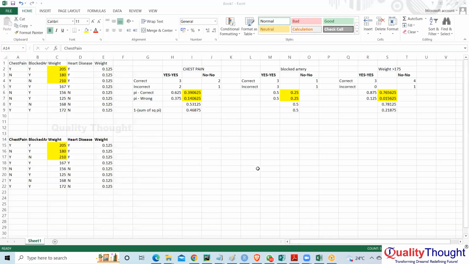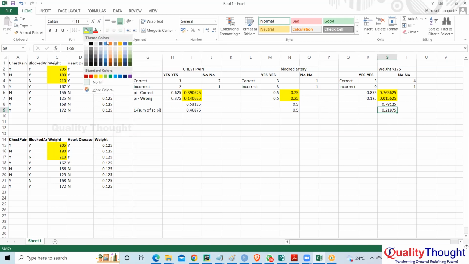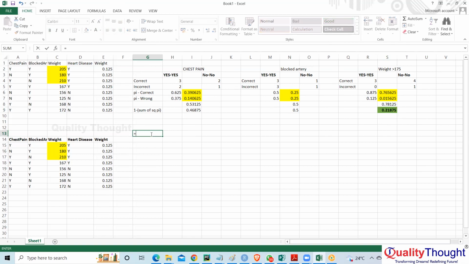Now, 0.22 is what we are taking, because that is the lowest Gini index. So this is what we need to take. Should I do log base 10 or natural log?